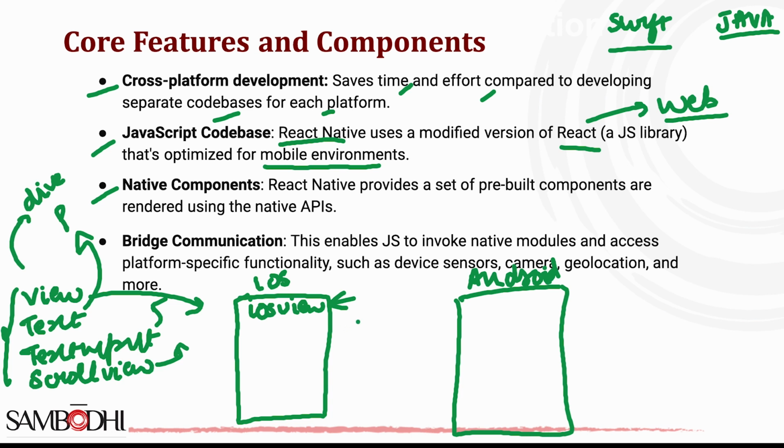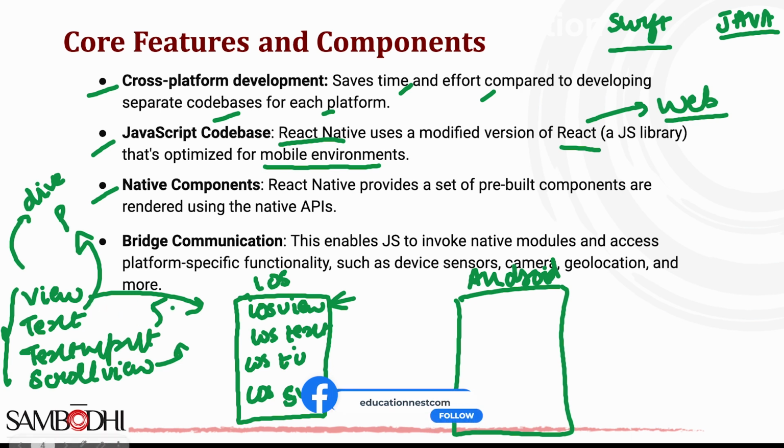There is something like UIViewController or stuff like that in iOS. I'm just saying iOS View so that it is easy to understand. So suppose there is this iOS View, then iOS Text, iOS TextInput, and iOS ScrollView.